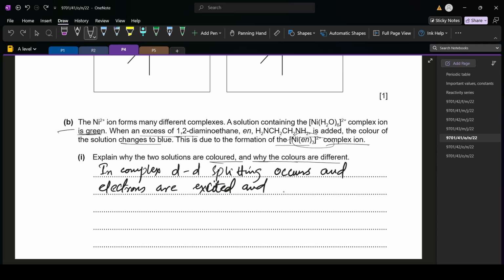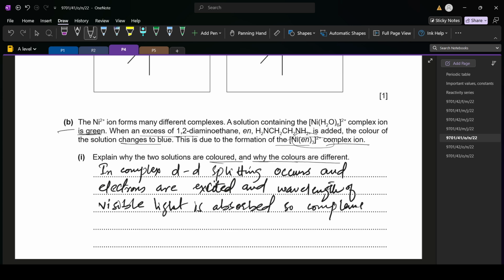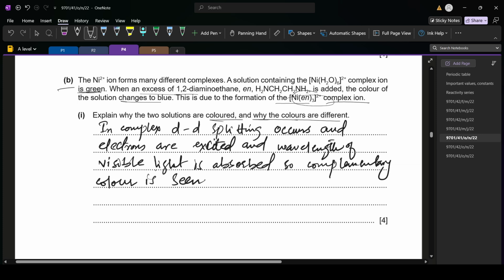The electrons are excited, and a wavelength of visible light is absorbed. So the complementary color is seen. That's why the transition elements are colored.